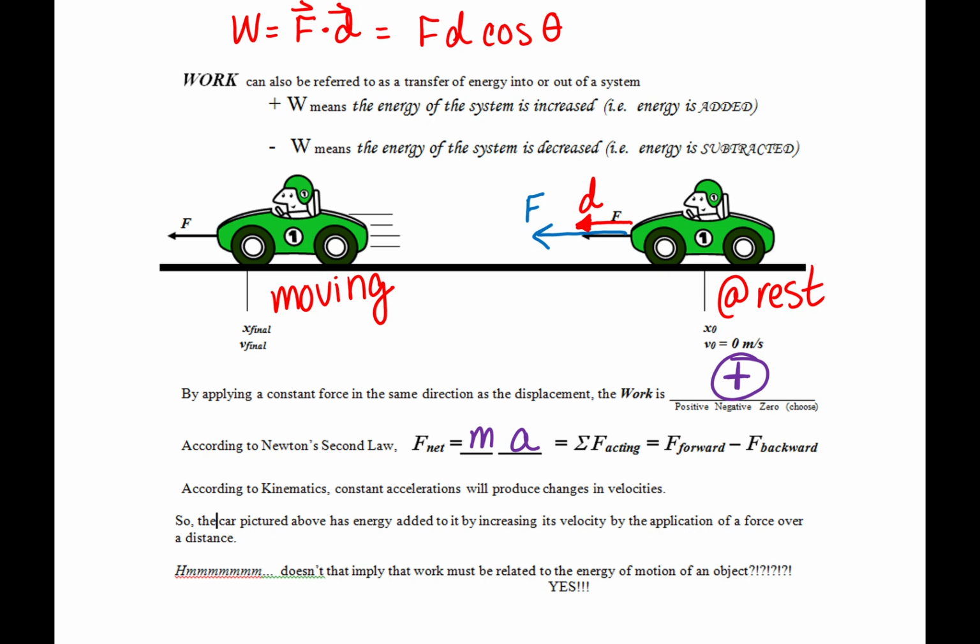Okay. What kind of energy did it have added? Potential or kinetic? Kinetic. It went from being at rest to being in motion. Again, I'm not trying to trick you here. It's added kinetic energy. It's going faster. So this is telling us that there's a relationship between the work being done and the change in kinetic energy.